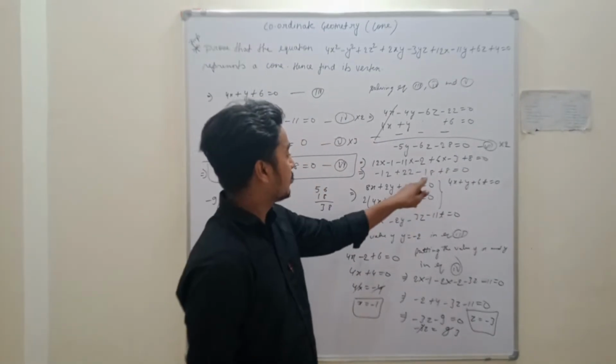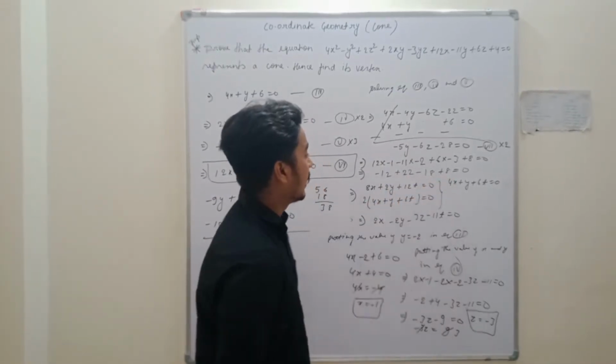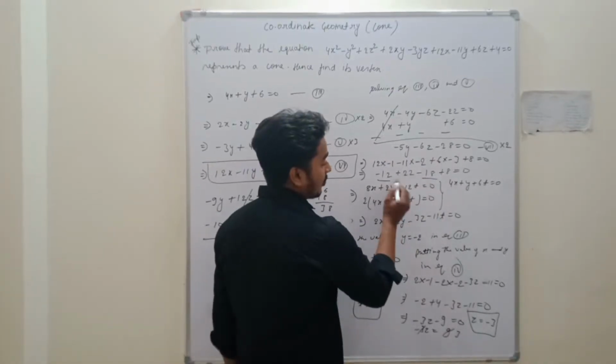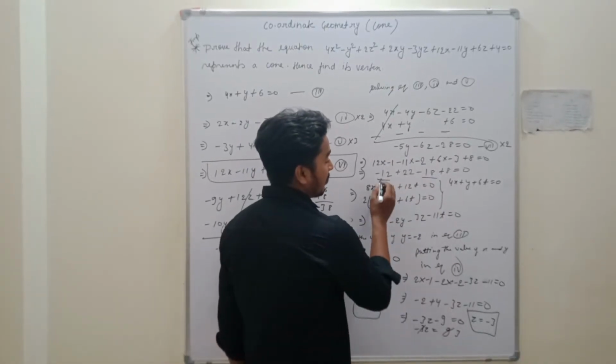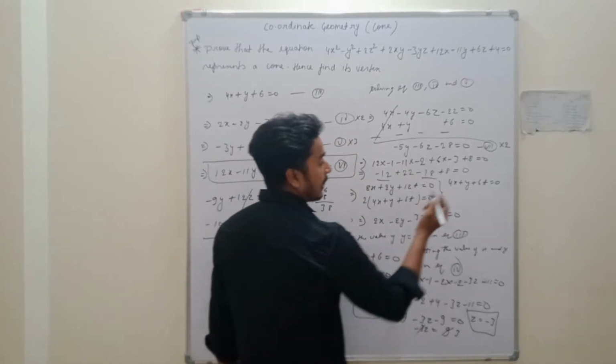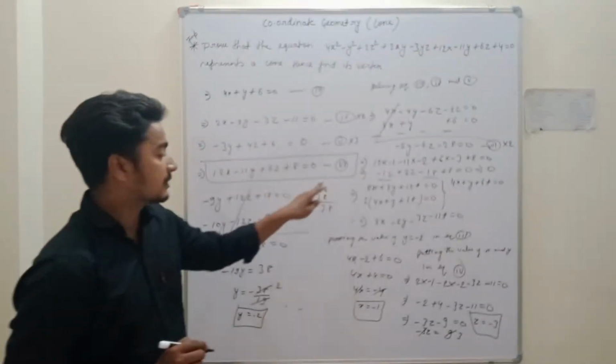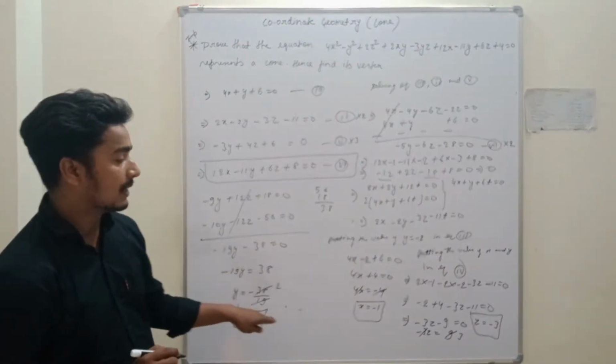From here, 22 plus 8 is 30 and minus of 18 plus 12 is minus of 30, and plus of 30 and minus of 30 we get 0. So this is equal to 0. Equation 6 satisfies the values of x, y and z.